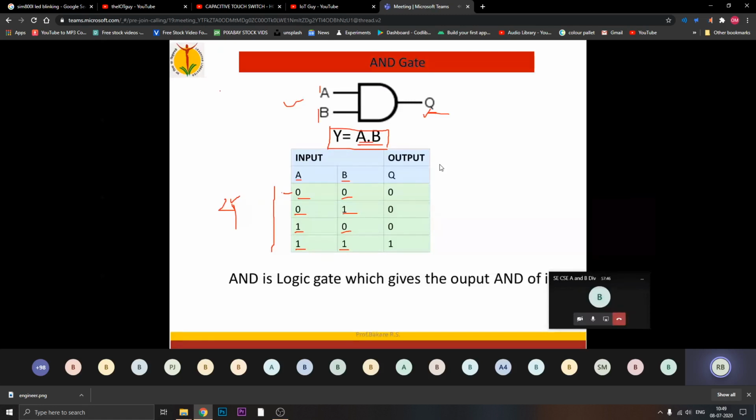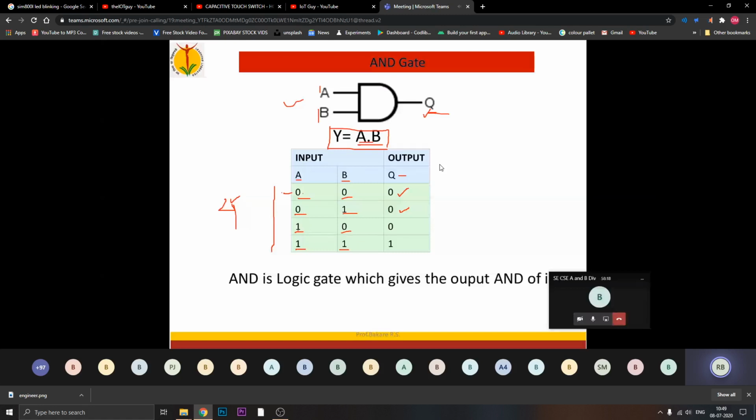When both inputs are 0 0, we get the output Q also 0. That is 0 into 0, we get 0. Or we also say that 0 AND with 0, we get 0. Similarly, 0 into 1, we get 0, or 0 AND with 1, 0.